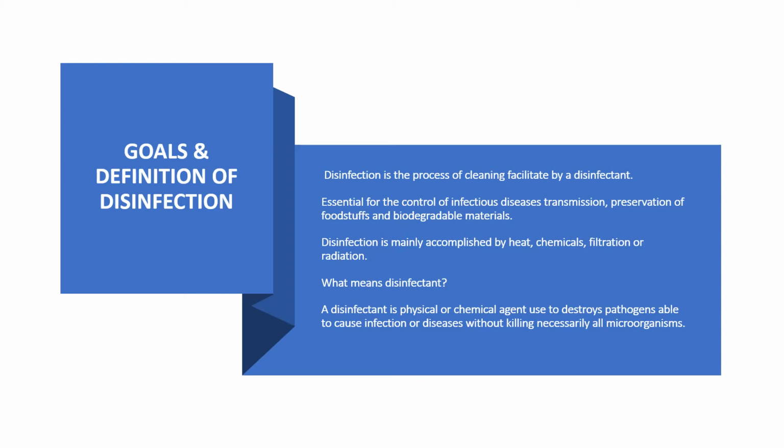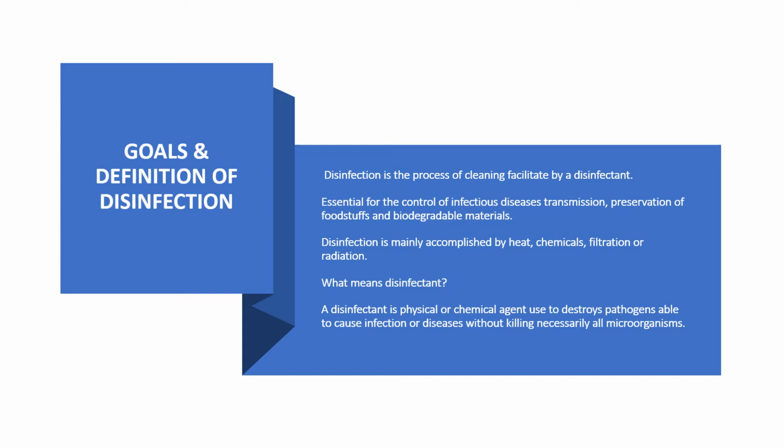Disinfection is the process of cleaning facilitated by a disinfectant. Disinfection is essential for the control of infectious disease transmission and the preservation of foodstuff and biodegradable material. Disinfection is mainly accomplished by heat, chemical, filtration, or radiation.